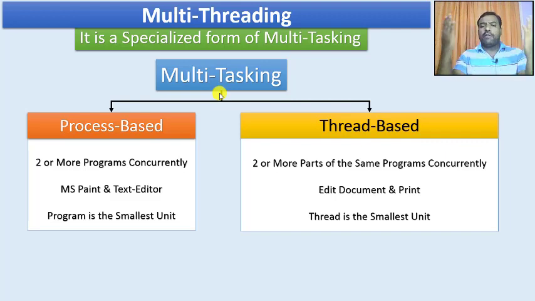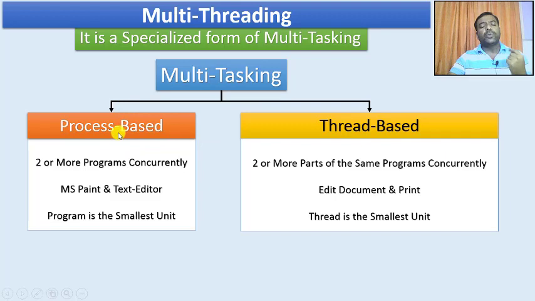Hence, either you have two different programs executing concurrently, we call this multitasking, or in the same program I have multiple parts executing in parallel concurrently, we even call this multitasking. Depending upon these two scenarios, we divide multitasking into two ways, two different methods of multitasking.